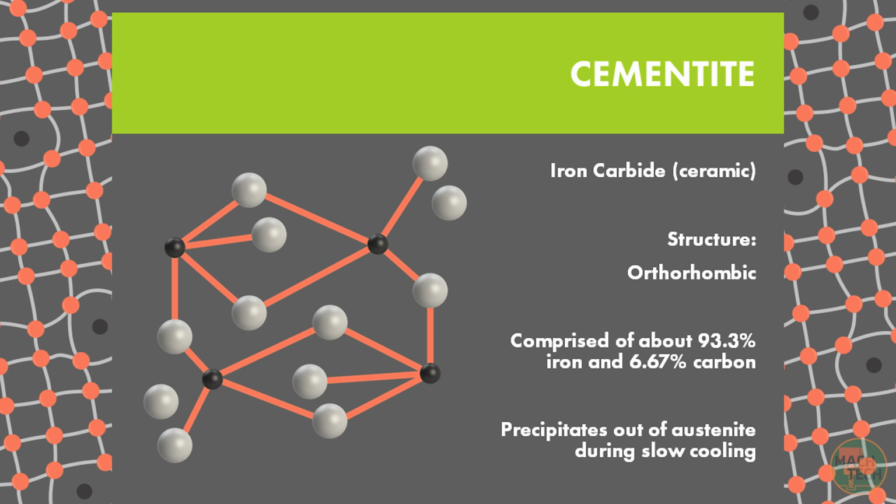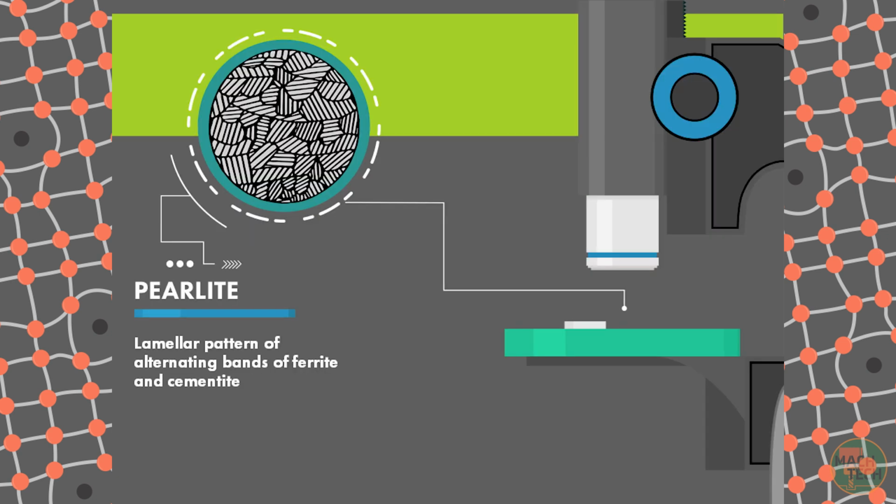This is iron carbide, similar to the tungsten carbide we use for cutting tools. Now, the iron carbide doesn't come in clumps. Instead, it appears under a microscope as a remarkable lamellar or layered structure of alternating bands of ferrite and cementite. This structure is called pearlite because it looks a little bit like mother of pearl.